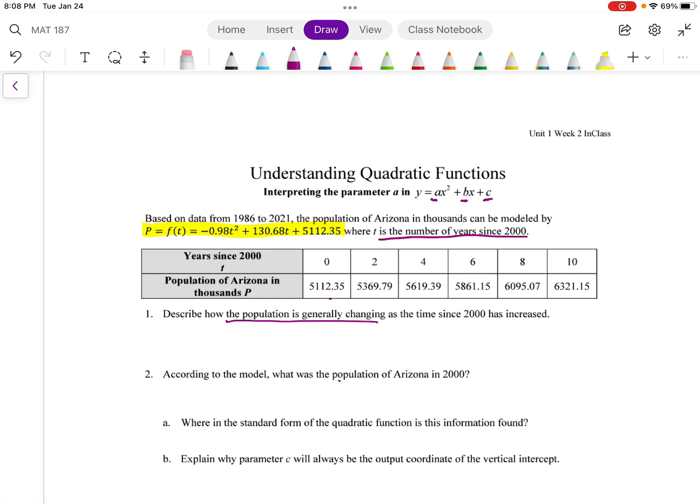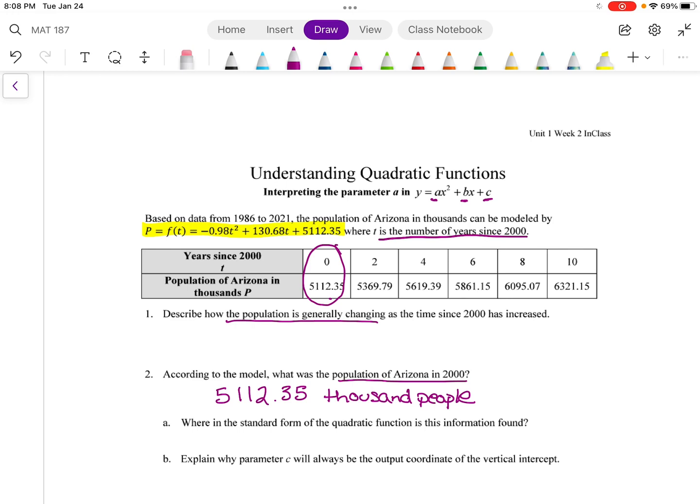Now, according to this model, what was the population in the year 2000? If I go right here to year 0, that's the year 2000, I can say the population was 5,112.35 thousand people.